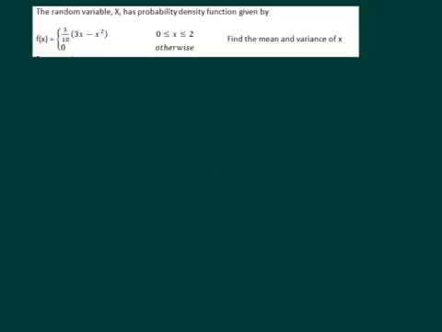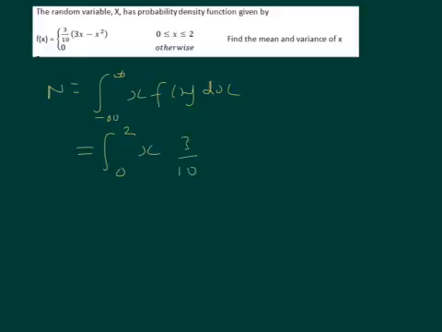So let's look at this example here. We've got a random variable, it's got a probability density function, and we need to find the mean and the variance. So the mean, as we said before, is the integral from minus infinity to infinity of x f(x) dx. So in this case, that's from 0 to 2 of x, then f(x) is 3/10 (3x minus x squared) dx.